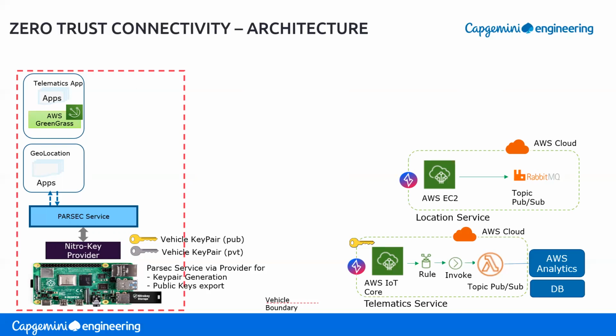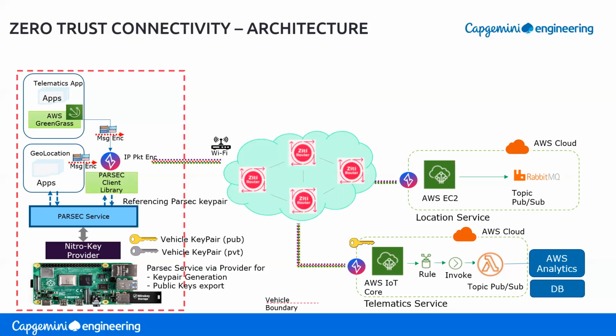The goal is to make a connection between the application and the services in a secure manner. To do that, we would be using the NetFoundry platform, which allows us to provide a secure tunnel between the applications and the end services.